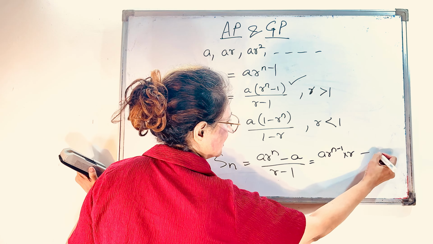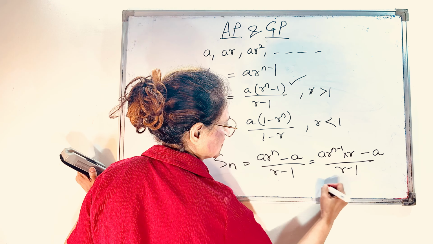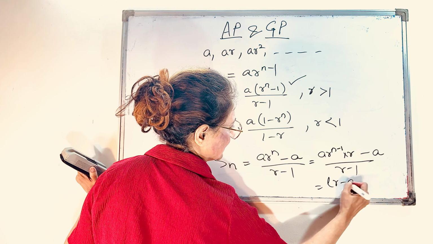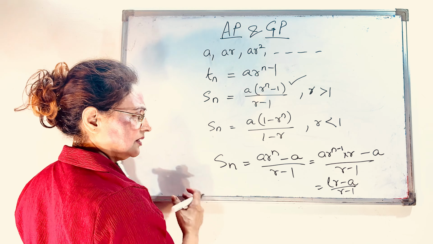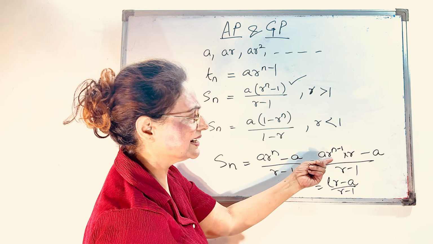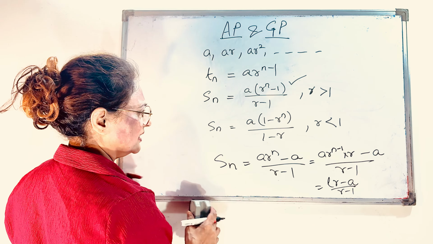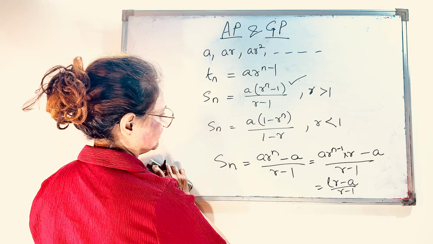Powers can be added. So this is (LR - A)/(R - 1). Here, from AR^n, just remove R and you get L. Got it? Even for this, same thing.